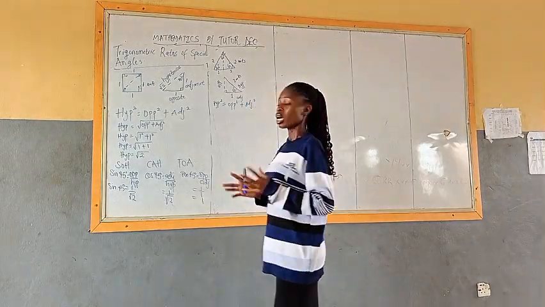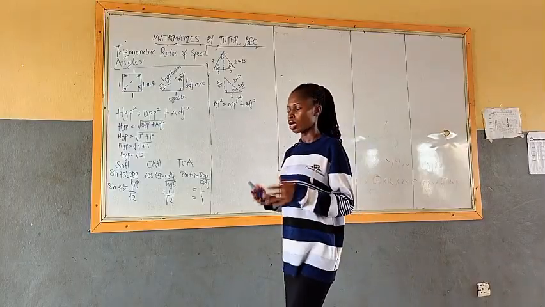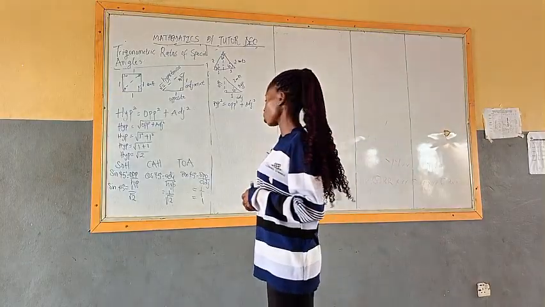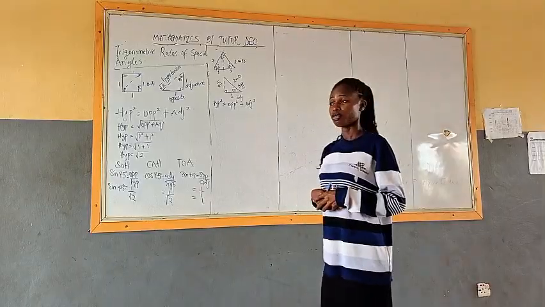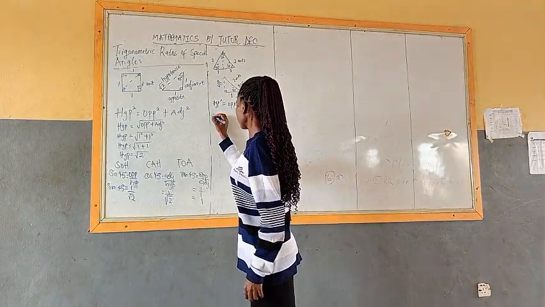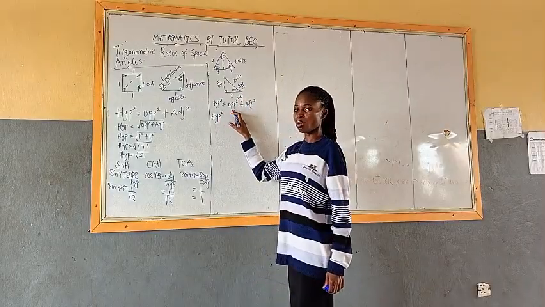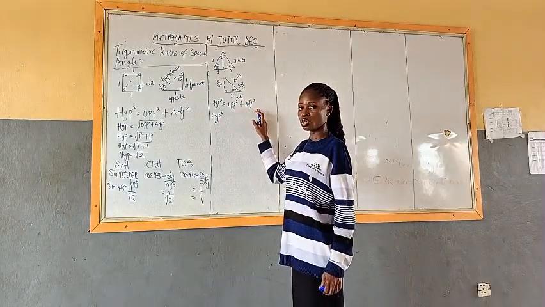How can we get our opposite to become the subject of the formula? So we have that hypotenuse square equals opposite square plus adjacent square.